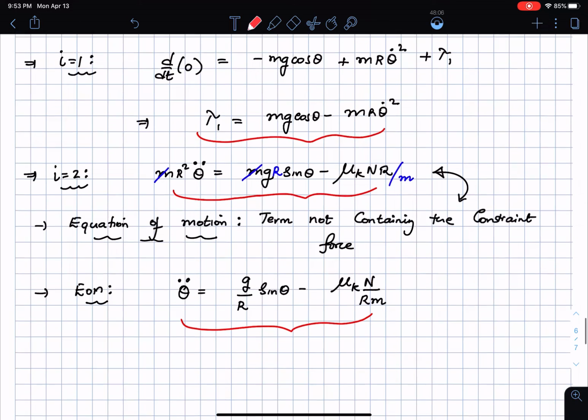And I'm going to take some other shortcuts here as well. There's lambda 1. I'll let you prove it to yourselves by doing the Newtonian mechanics and then showing that lambda 1 is actually the normal force.